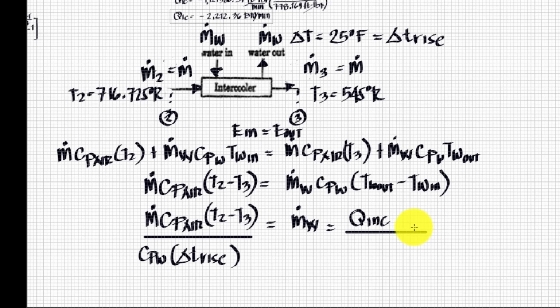And this will become now my equation as my Cp of my water times the change in temperature rise. Okay, so we can now substitute the heat that is being rejected from your intercooler.